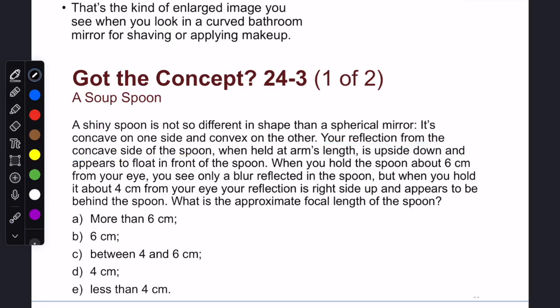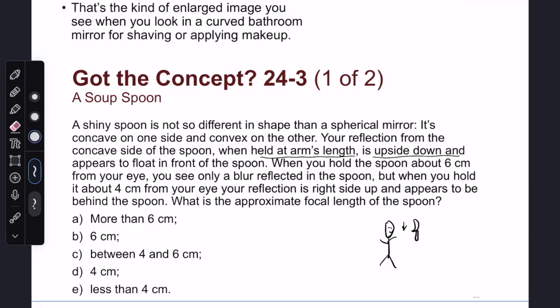Here's a gigantic spoon, and we're looking at the concave side of it. What we notice is that when we hold the spoon at arm's length, our image is upside down and appears to float in front of the spoon, which means it looks like our image is upside down, but between us and the spoon.